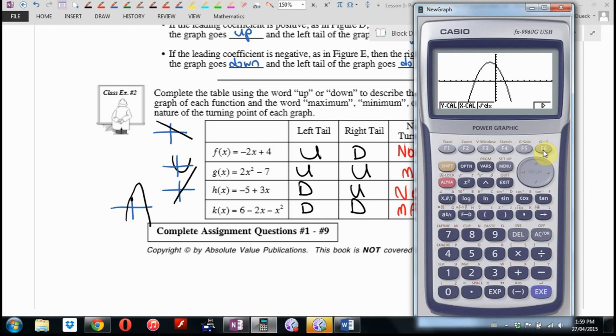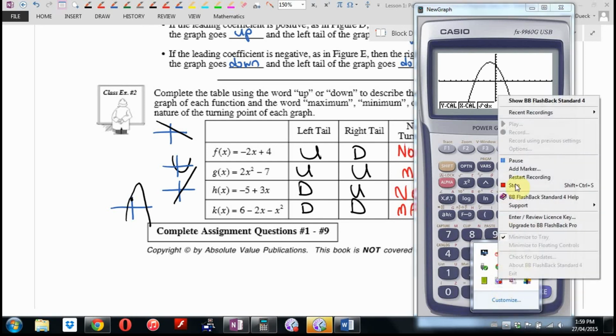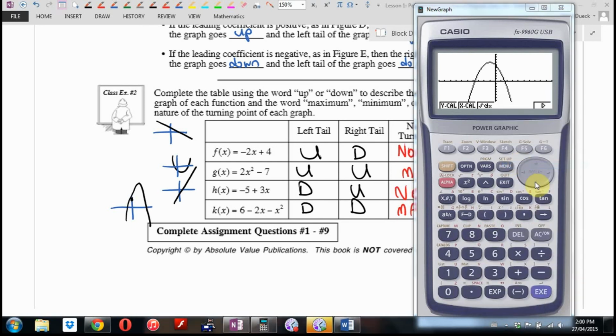Let's hit it and find out. It's called an integral. Arrow sideways. F6. Okay, hang on. To be completely honest, I've never hit this button either yet.